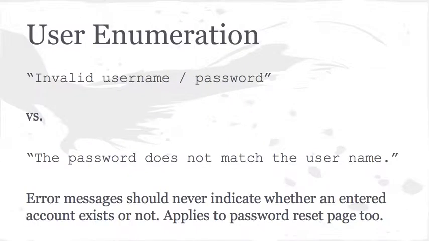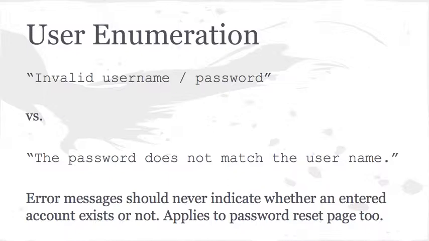So user enumeration, this is really not a node-specific concern, but it is a security concern in general. It's kind of a mix between security and the way that error messages are written. User enumeration is when an attacker is able to iterate over tons of different username combinations. They're not locked out at all, and they use the content of the error message to determine whether a user exists or not.